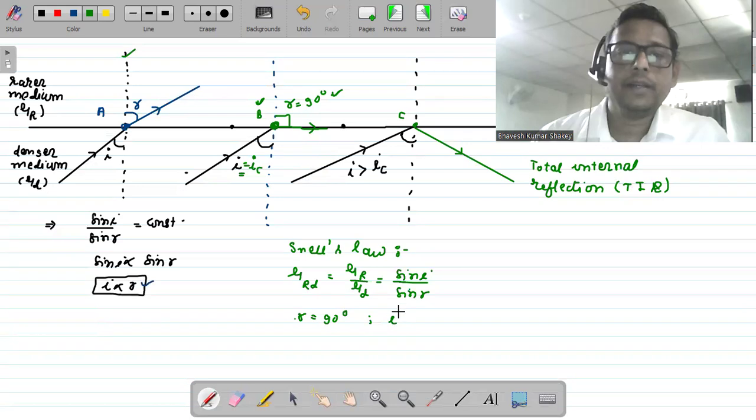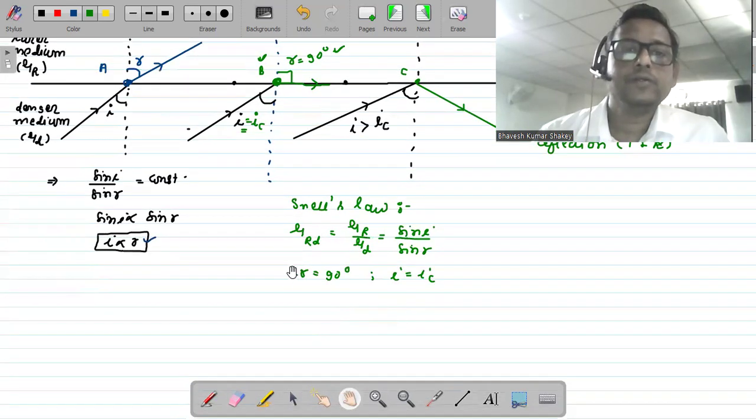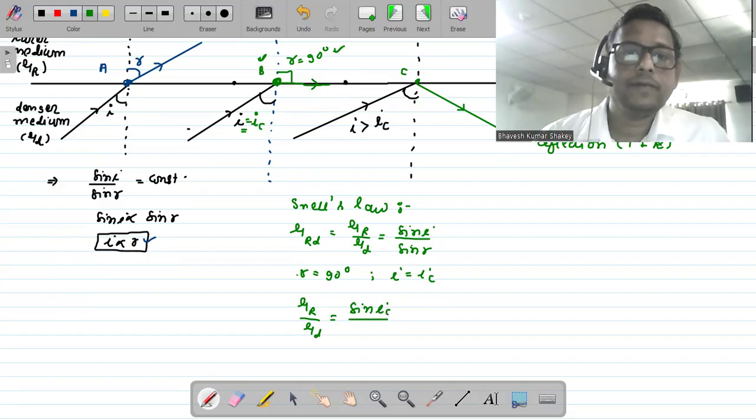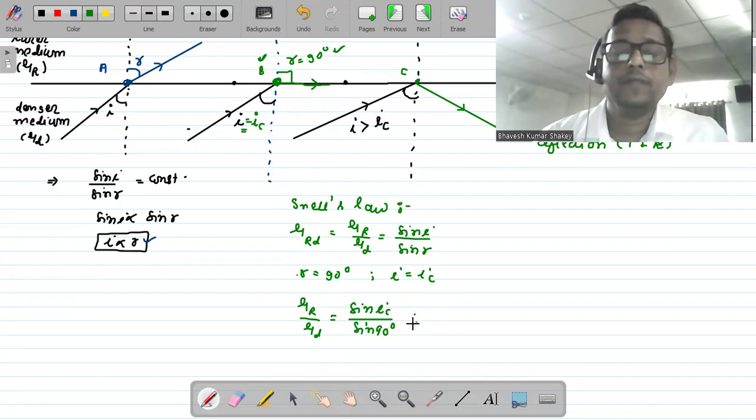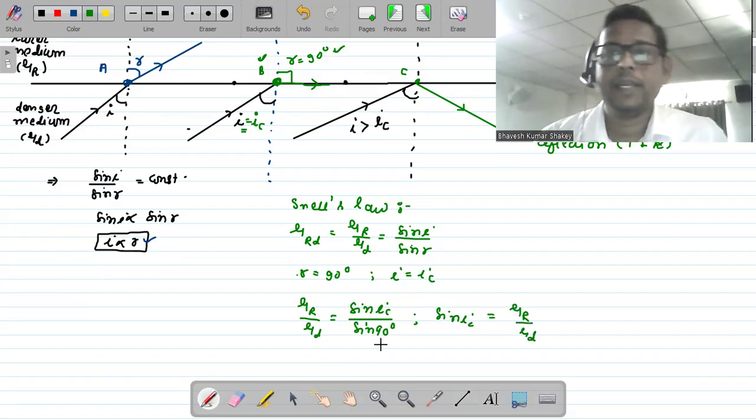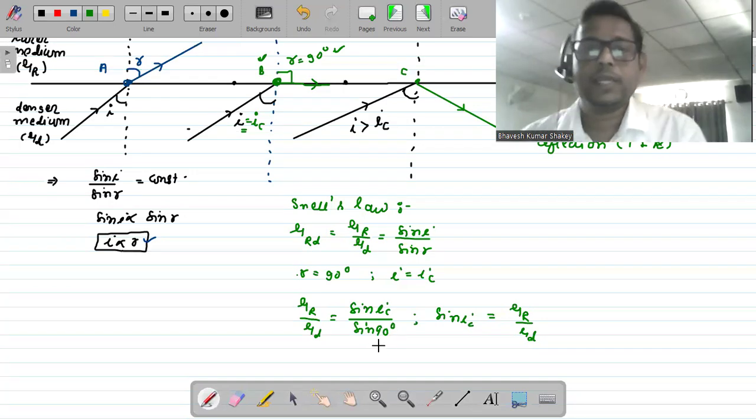Now from the second diagram, if R is equal to 90 degrees, then I will be equal to IC. I already explained that. So if R is equal to 90 degrees, then I is equal to IC. So I can write mu R divided by mu D is equal to sin IC divided by sin 90 degrees. From here, sin IC is equal to mu R divided by mu D, since sin 90 is 1.